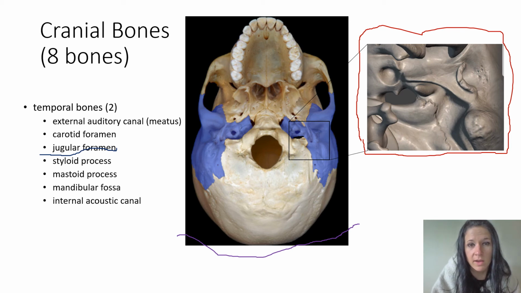Okay, so if you look, there's that big hole at the base of the skull. If you look just up and lateral, there's going to be this peanut-shaped hole. So in the more magnified image, we can see it here. And this is the jugular foramen.